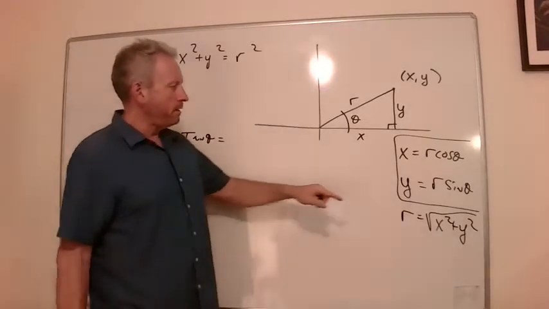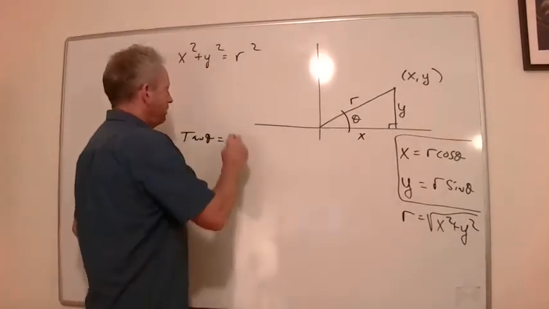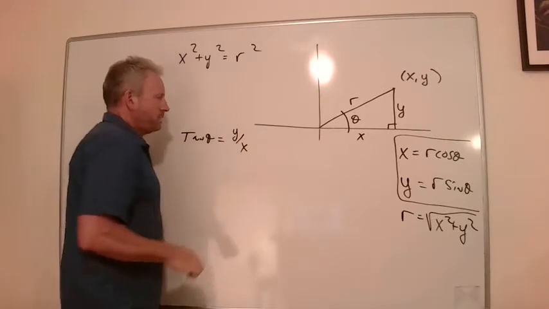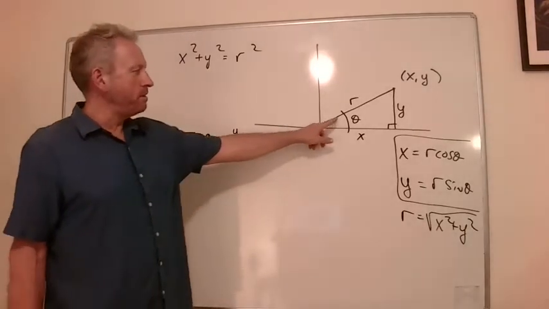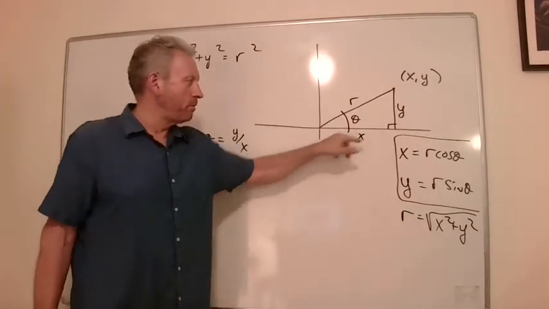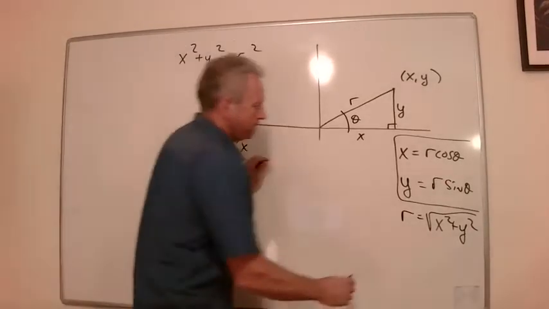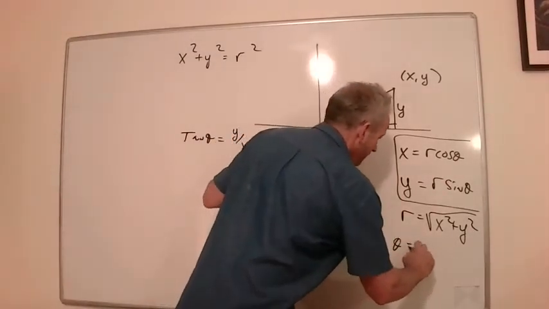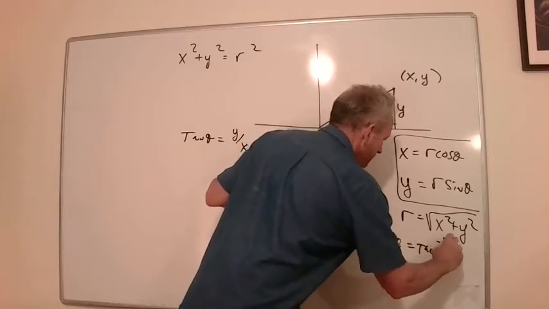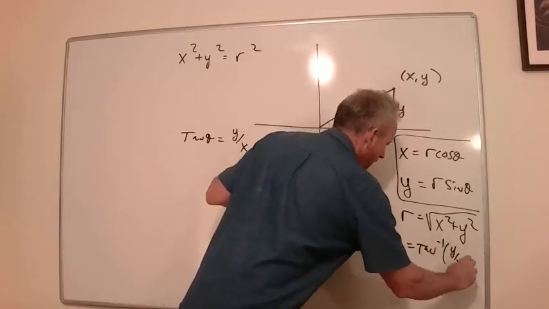And then what would I have on the other side? I'd have y over x. Well, this should actually come as no shock because look at the picture. What's tangent of theta? Opposite over adjacent. And what does it mean for theta? Tan inverse of y over x. So what is theta? It's tan inverse of y over x.